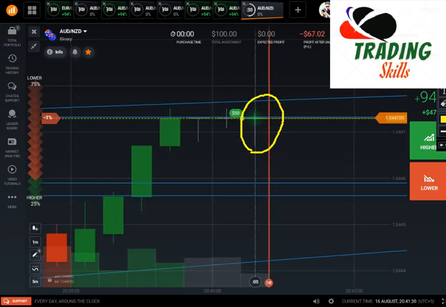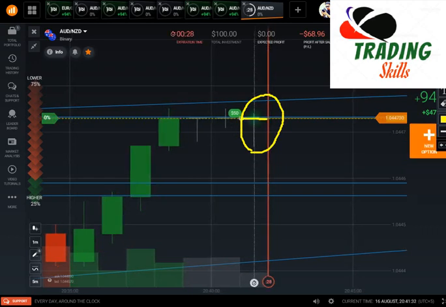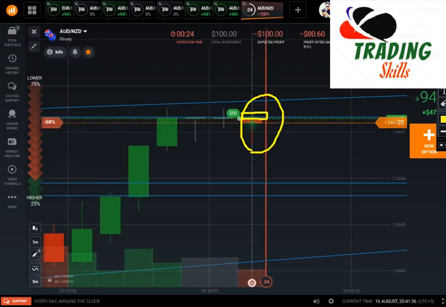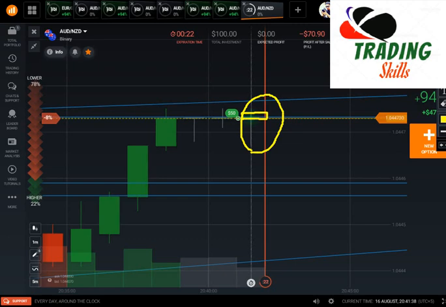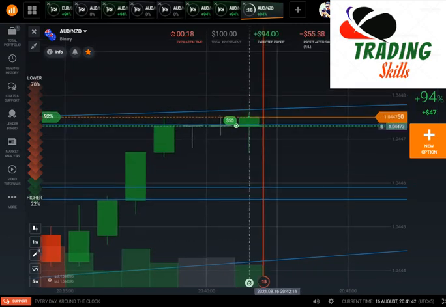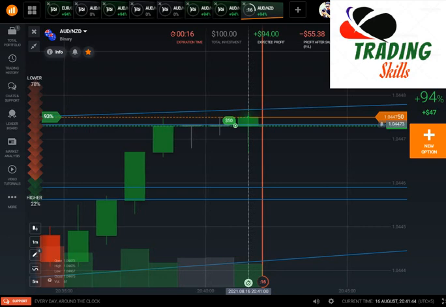So this time I will get an ATM or ITM, there is no doubt about it. Okay, let's see what happens here, and this will be my last trade this time.